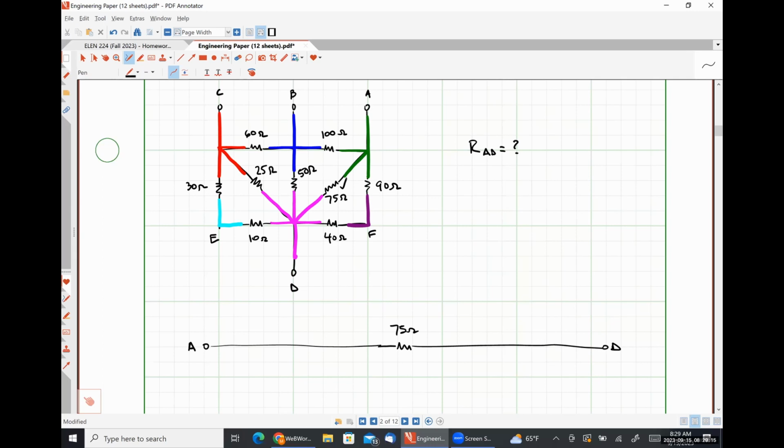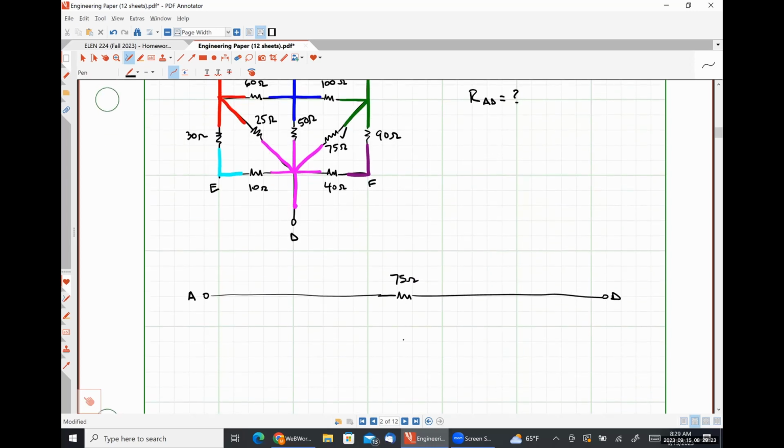Now, the next easiest path, in my opinion, to go from A to D is to go through node F. So I'm going to put node F here in the middle, and I can go from A to F through the 90 ohm resistor. And I can go from F to D through the 40 ohm resistor.